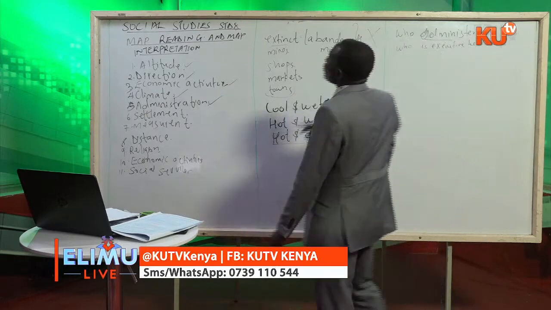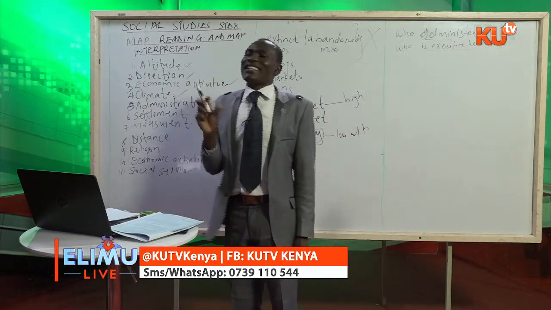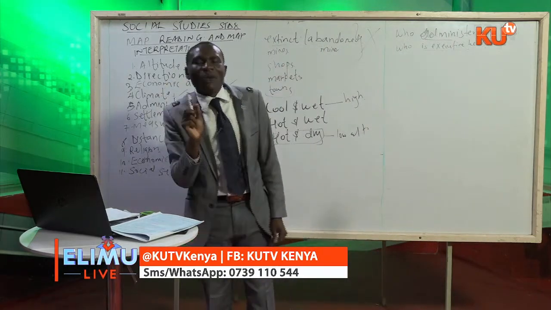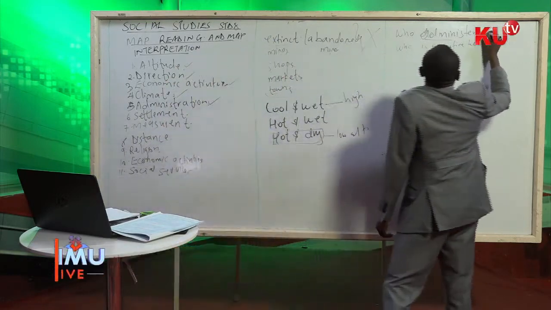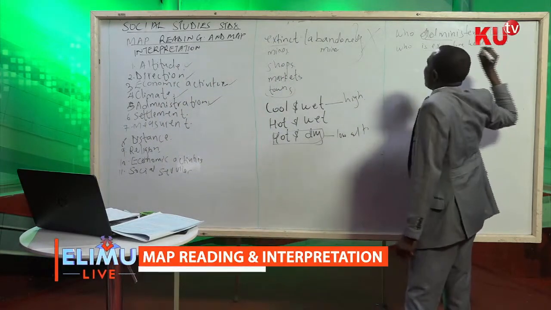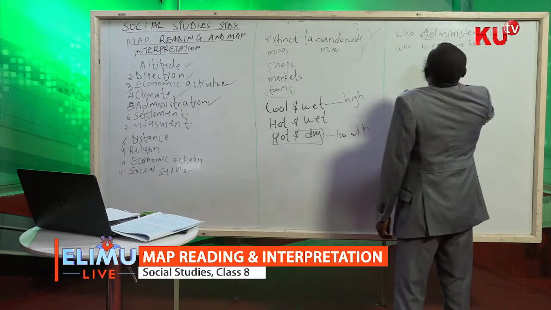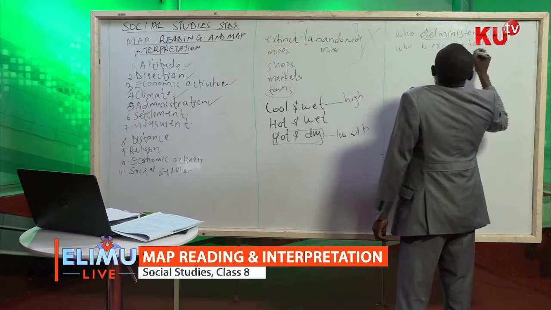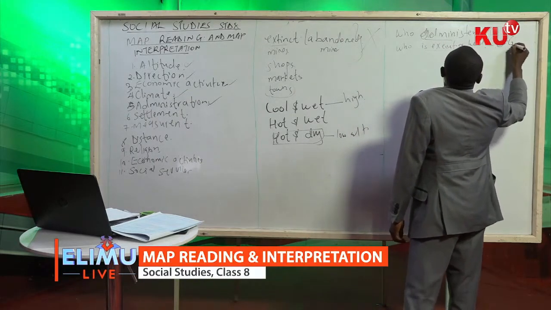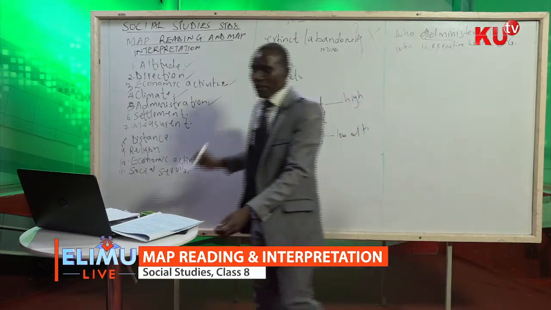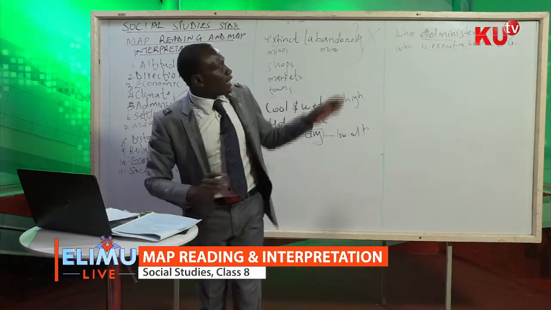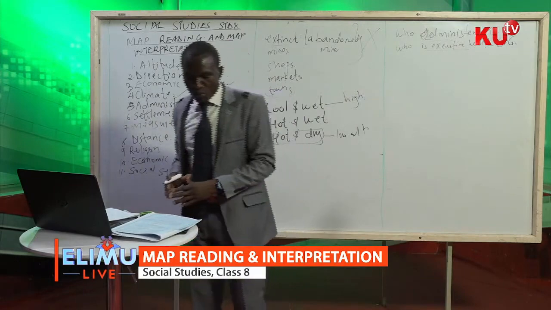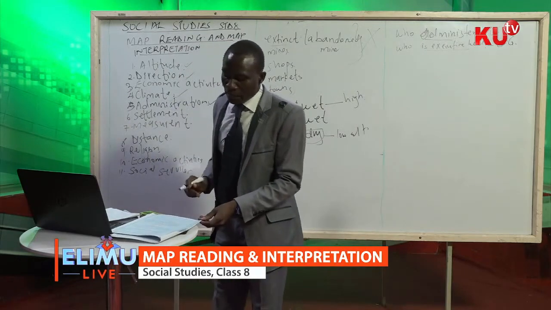If you find a question asking about who administers that area and that area is a county, the correct answer must be county commissioner. If they ask you who is an executive head, that is county governor. So be very, very careful when you are checking those two areas that are most commonly examined in KCPE.